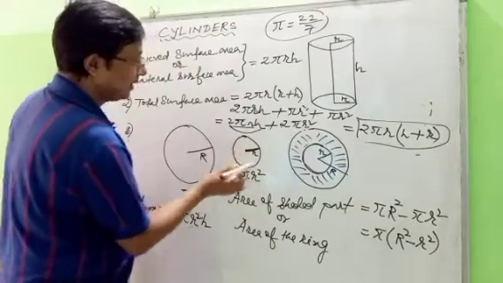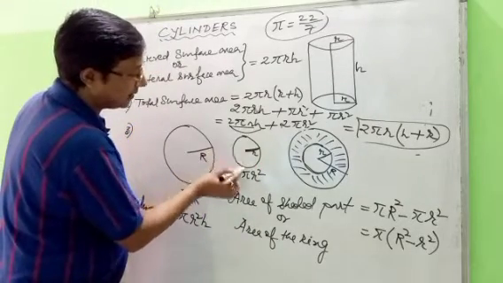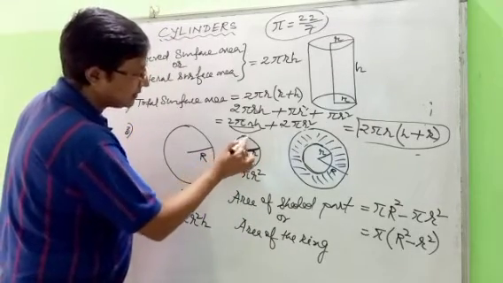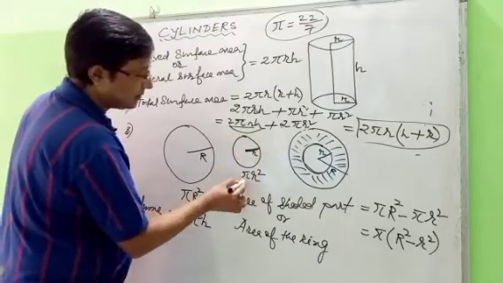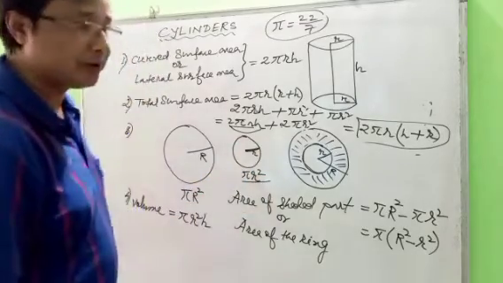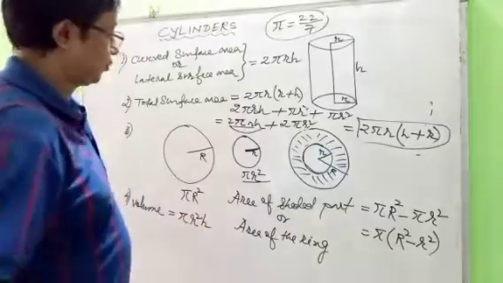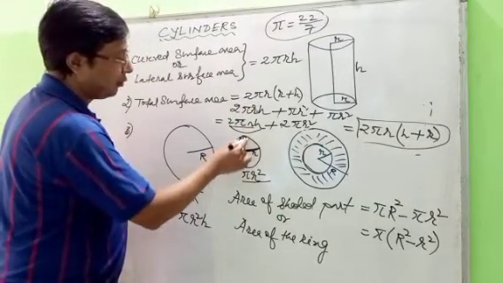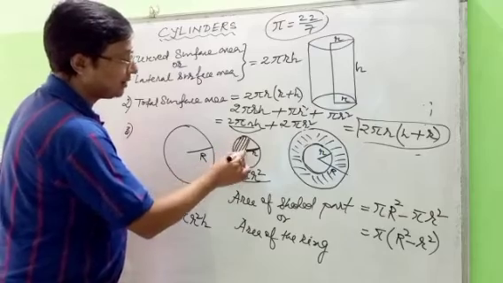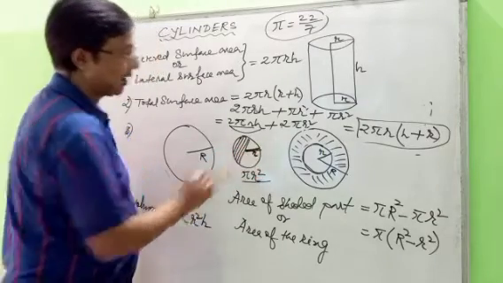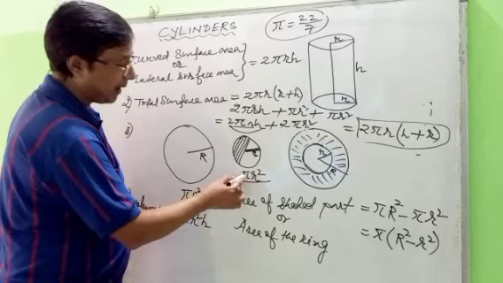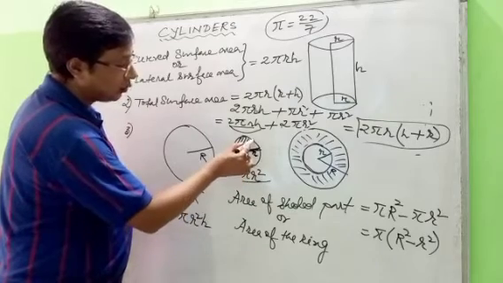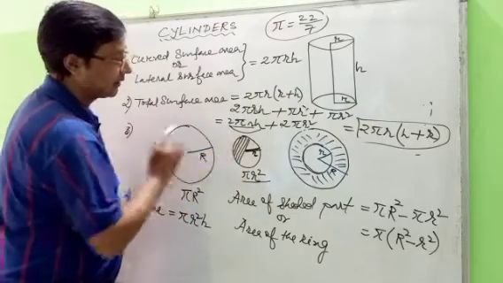To get the area of this circle, this whole area within this boundary, that is pi r square, which we have got in class 7 and 8 also. So this is the formula, pi r square. Here the radius is taken small r. By doing pi r square, you will get the complete area within the circle.